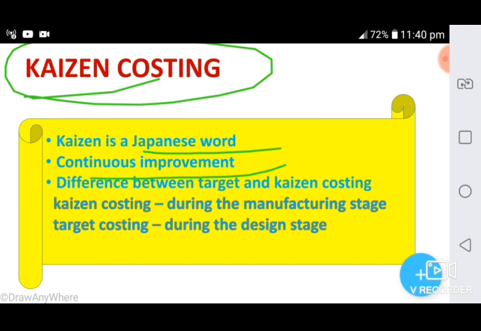The major difference between target and Kaizen costing is that target costing can be applied during the design stage of the product, whereas Kaizen costing is applied during the manufacturing stage of the product. So Kaizen costing means continuous improvement, a cost reduction system applied during the manufacturing stage.